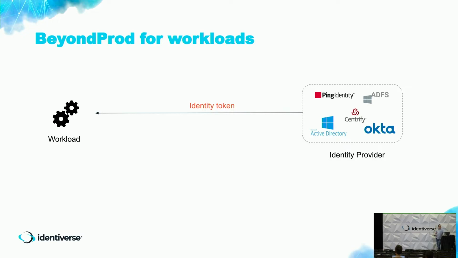Now, how does this work in a zero-trust world? This is a bit of a generic representation, but first, we need the workload to get some identity. And this identity normally comes from an identity provider, one of the larger identity providers. In the next slide, we'll look at how this actually works. Once the workload has an identity token from one of these services, what happens next?